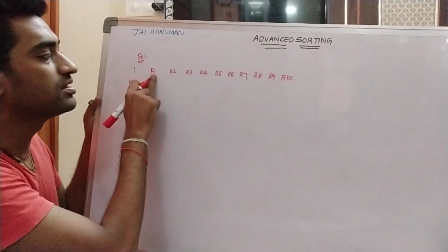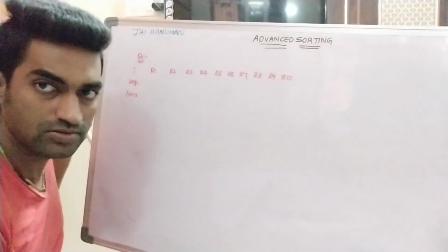So the I value starts from 1 to 10 records.